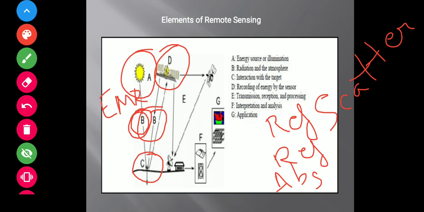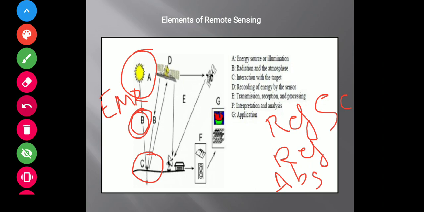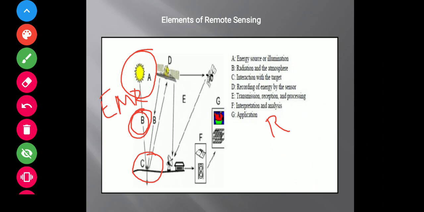Once while coming from A to C, and secondly going from C to D. Now here we can see that there are two arrows coming from the D. One arrow is going from C to D and another one is coming from D to C.